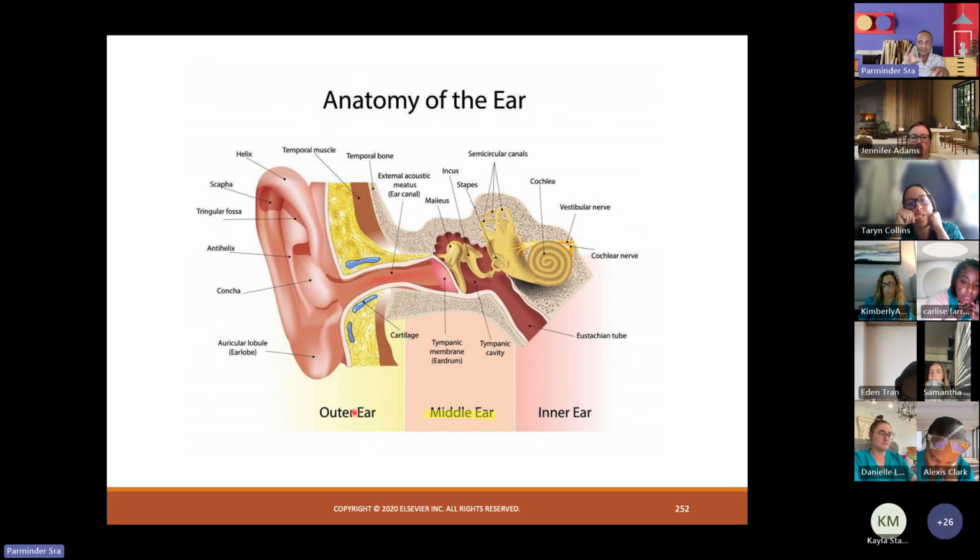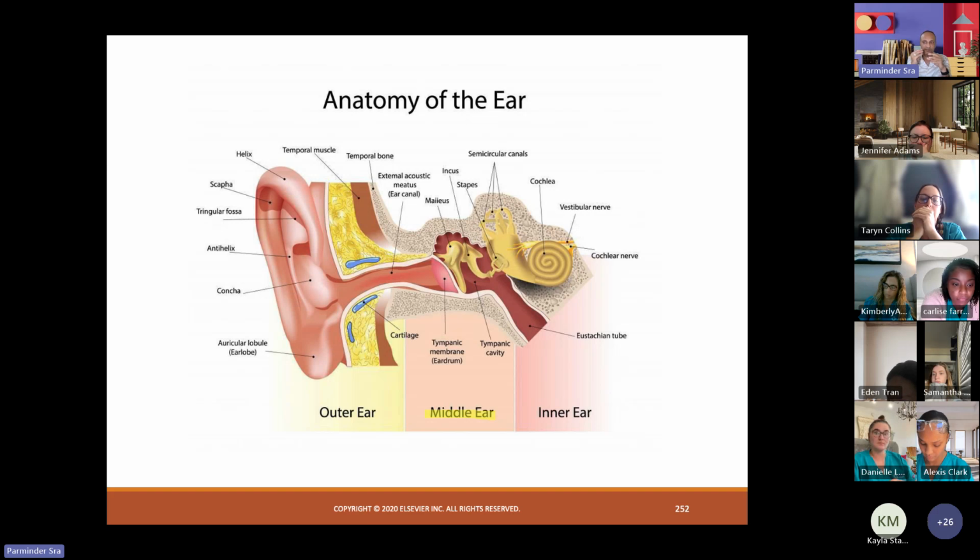This is the anatomy of your ear, divided into three parts: your outer ear, your middle ear, and your inner ear. So the outer ear is made up of your pinna, which is called auricle, the visible part of the ear, which captures the sound waves and directs them into the ear canal.